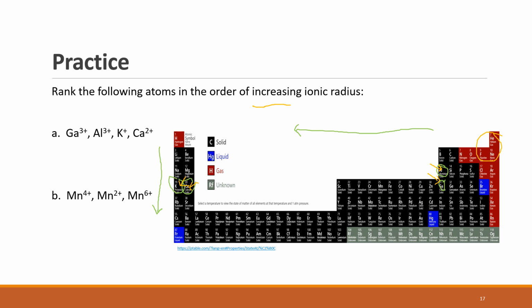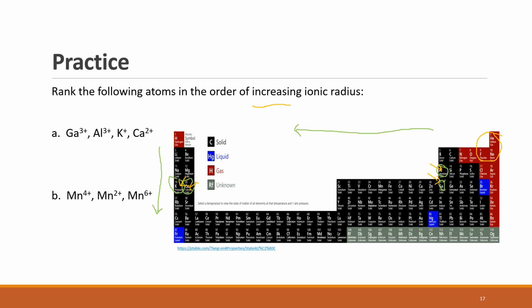Now the nice thing about this is you'll notice cations, we said, are going to be smaller than their parent atoms. So if we know what the parent atoms are, it's going to be the same order as the cations as long as they're all cations. So that order will remain the same.